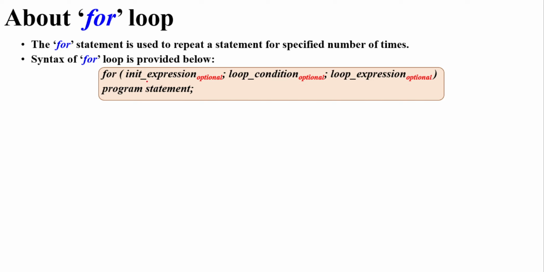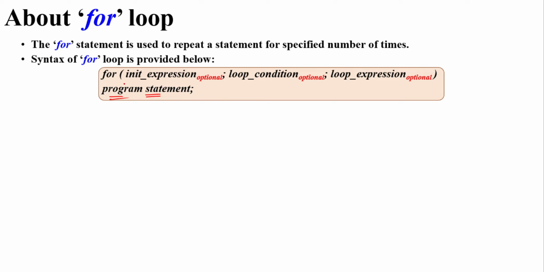The first statement is the init expression, which is to initialize the expression. Then we provide the condition for the loop, and then the loop expression, how the loop will grow or increase with respect to time. And after that, you can put your program statement, whatever program you want to write.